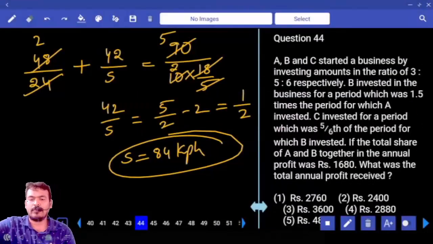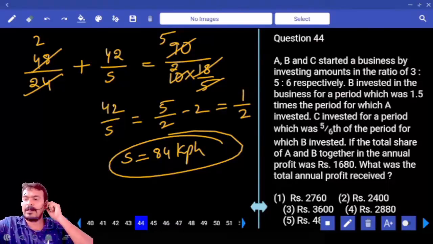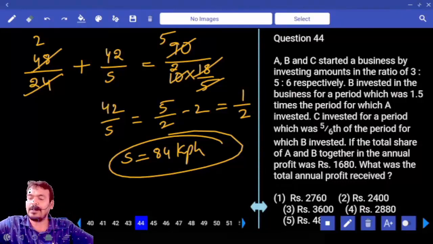Next, question number 44. A, B and C started a business by investing amounts in the ratio of 3:5:6 respectively. B invested for a period which was 1.5 times the period for which A invested. C invested for a period which was 5/6 of the period for which B invested.